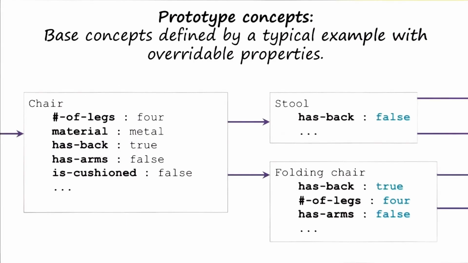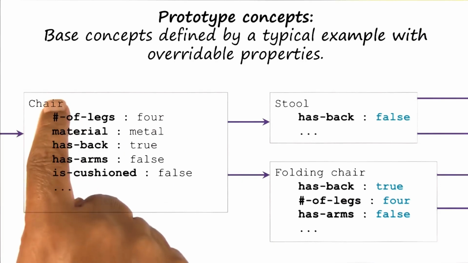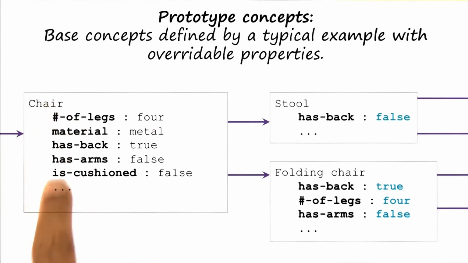So the relationship between concepts and frames actually is quite close. Recall that when we were talking about frames, we were also talking about inheritance and default. The notion of default in frames is closely connected to the notion of typical properties in concepts. So chair has this prototypical notion with some of these typical properties, and we can think of this as having default values.